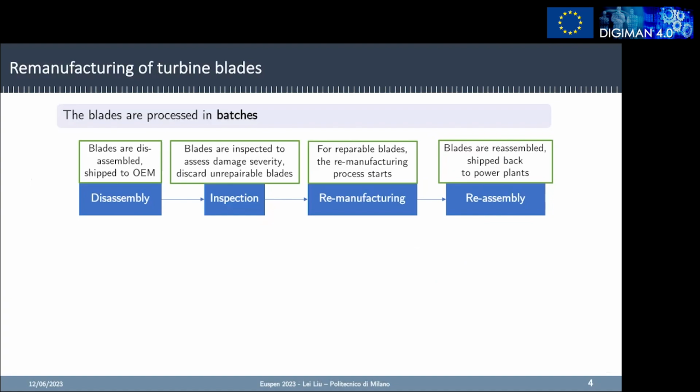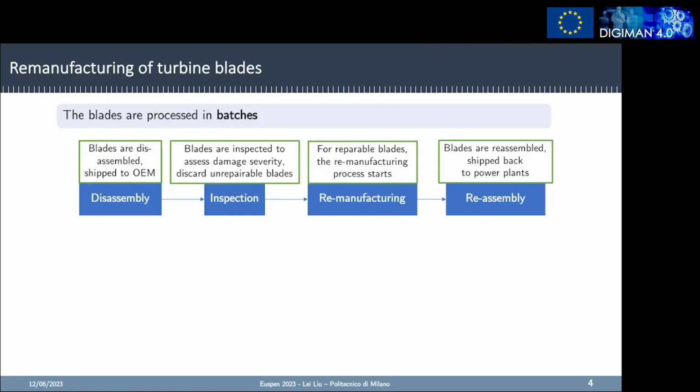Now I'll introduce the remanufacturing process of turbine blades. The blades are always processed in batches. All the batches need to go through disassembly, inspection, remanufacturing, reassembly, and then delivery back to the power plant.